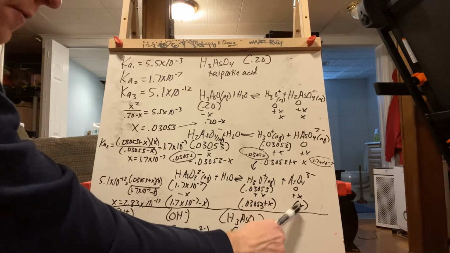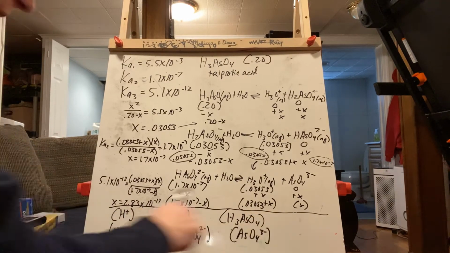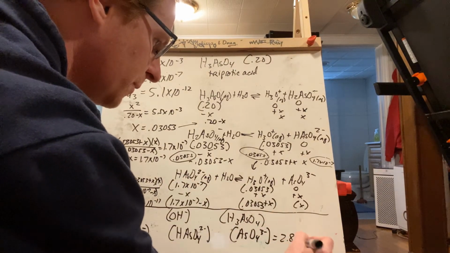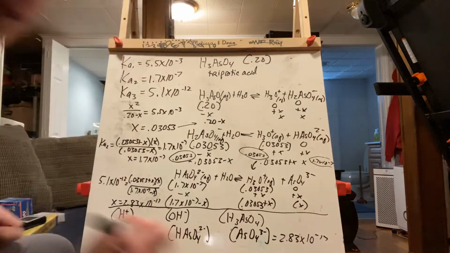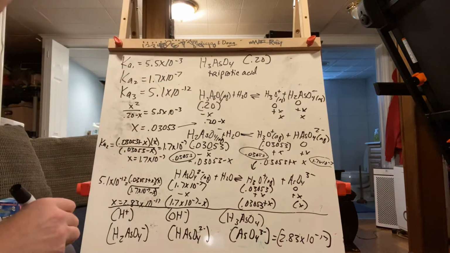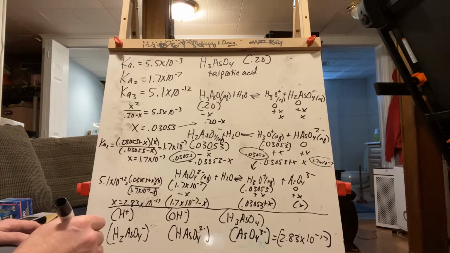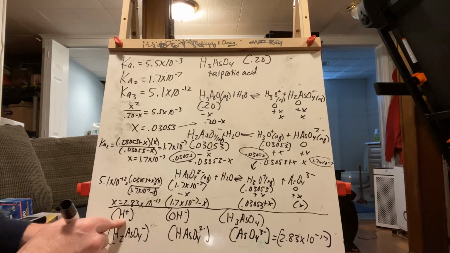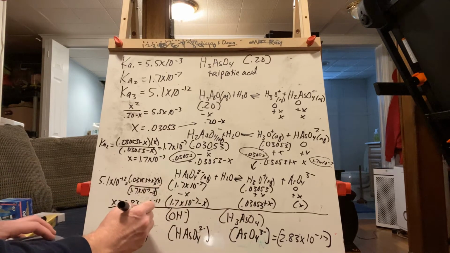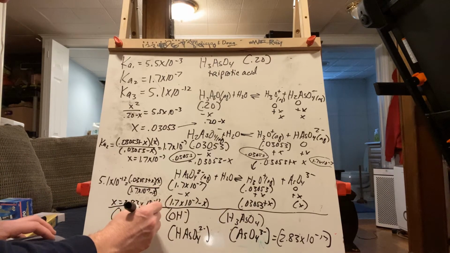The AsO4 3 minus is going to be that one. Really, really small, 2.83 times 10 to the negative 17th. Like, a ridiculously small number. Our H plus is actually going to be pretty easy. It's just right there, so that's going to be 0.03053.